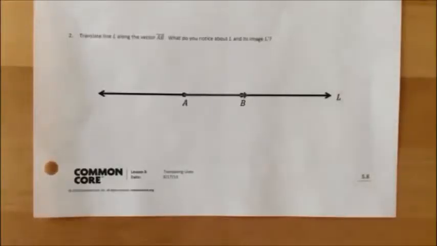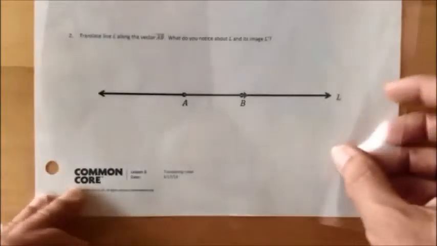All right, exercises 2, 3, and 4 give us three different cases of translating lines along vectors. Let's look at exercise 2 first. For exercise 2, notice that the vector is part of the original line.